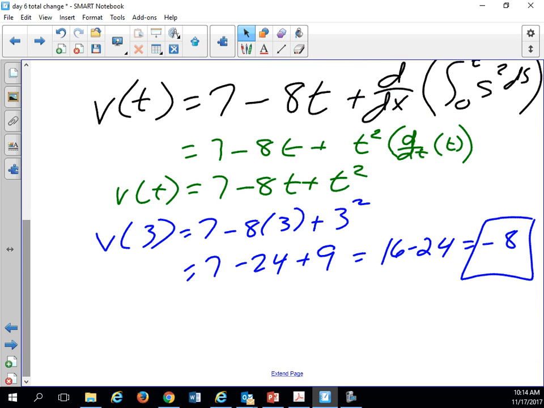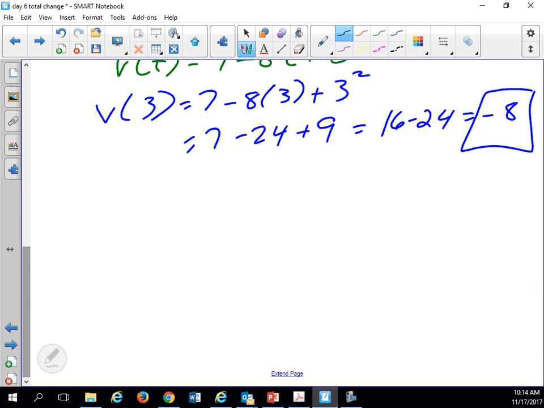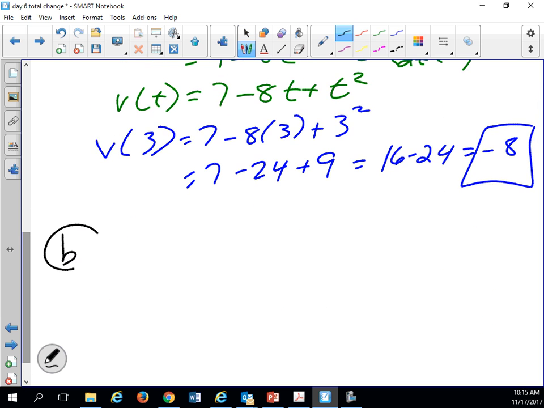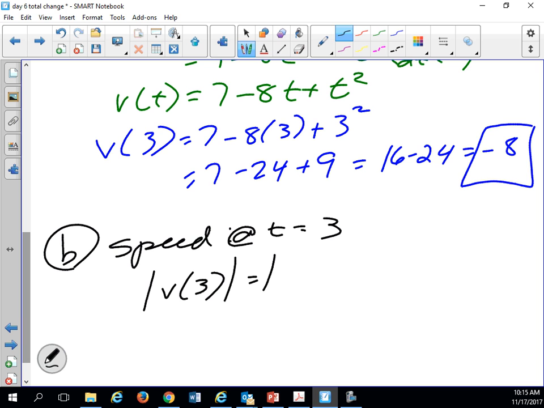Part B said, what's the speed? How do you find speed at t equals 3? Absolute value of velocity. My speed is 8.